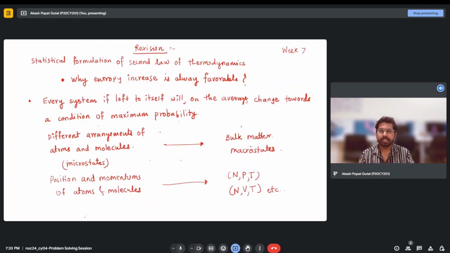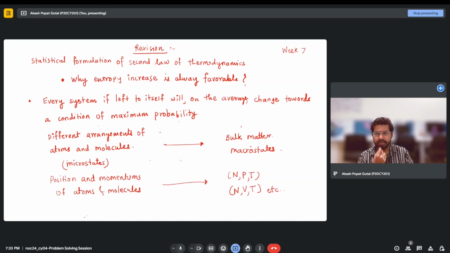In week 7, statistical mechanics, we started the basics of statistical mechanics, and we started going towards the roots of entropy, what it is, and why this increase in system plus surrounding entropy is always favorable, which we wanted to answer.